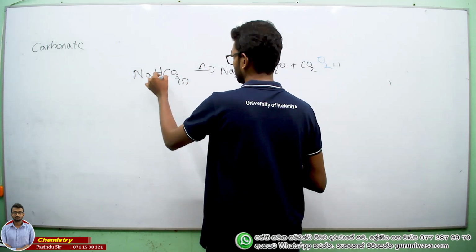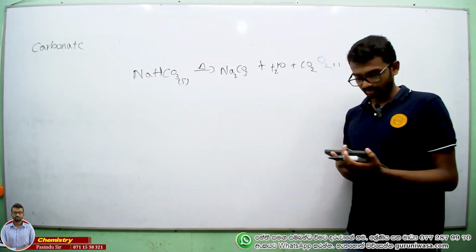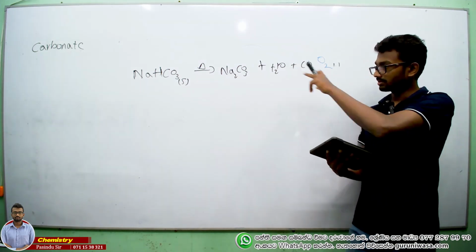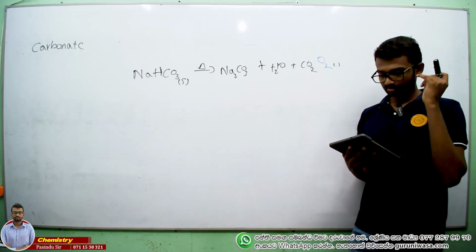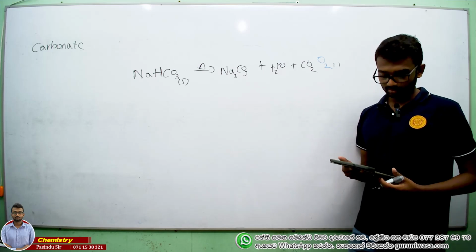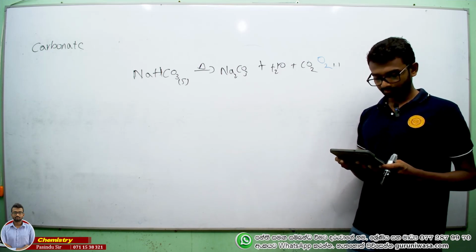Copy the equation and write it with a star: thermal stability increases down the group.